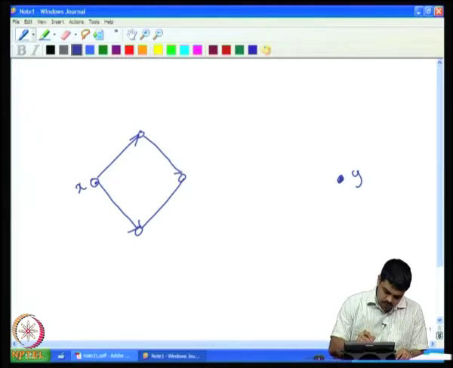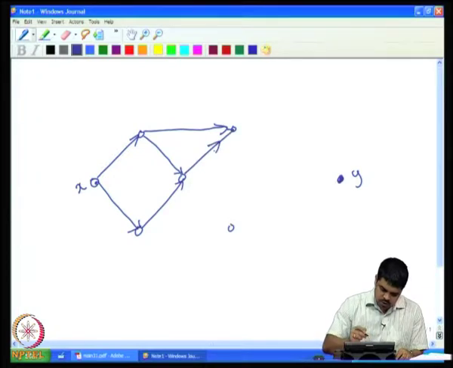So, directions can be like this, and say two more vertices drawn here, like this. So, we are drawing the underlying directed graph of the network.